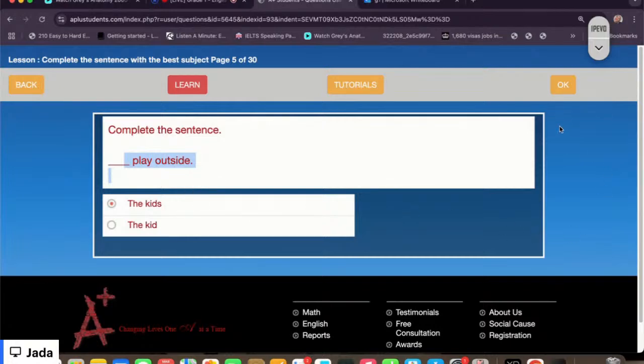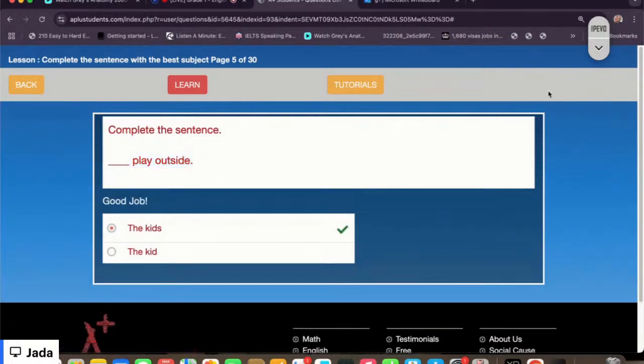So the subject will be the kids play outside, more than one kid.